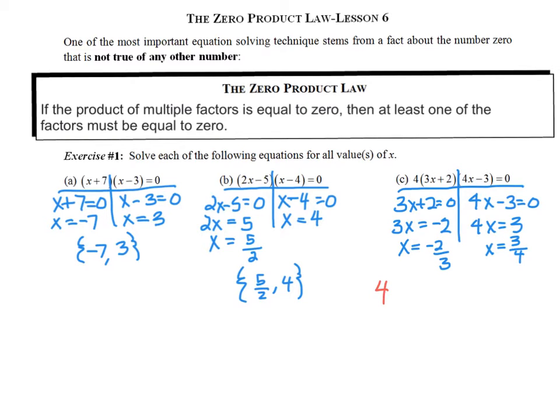So I'm going to say 4 is a constant, but the 4 cannot equal 0, so that can't contribute to the product being equal to 0. So anytime I have a constant, I'm not going to set the constant equal to 0 unless the constant is 0. And in this case, of course, it's not. It's 4.